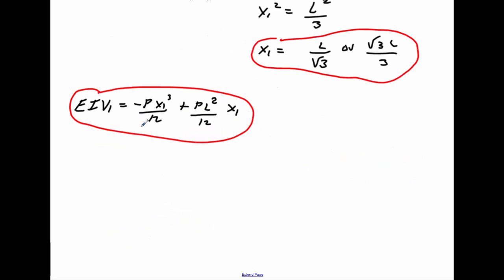Okay, so now I'm going to rewrite this one in terms of V. So V1 would equal to divide by the EI. Again, I'm going to pull a P out, and I'll pull a 12 out.